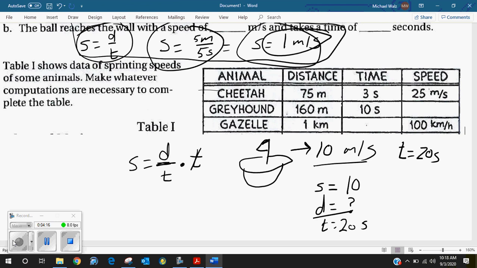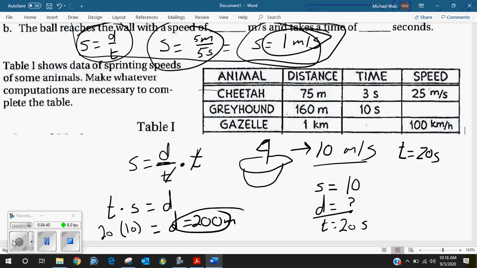So you multiply both sides by t in order to get distance by itself. There's our new formula for distance. So distance is 20 times 10. Our distance becomes 200 meters.